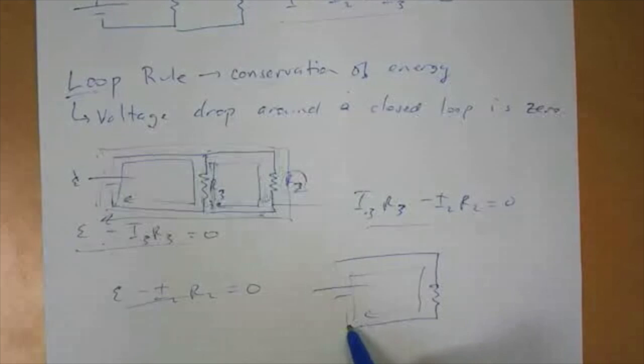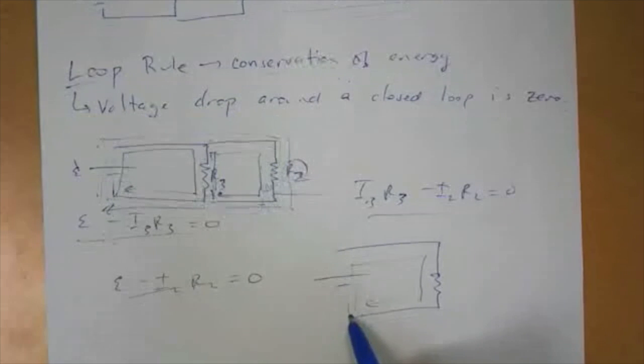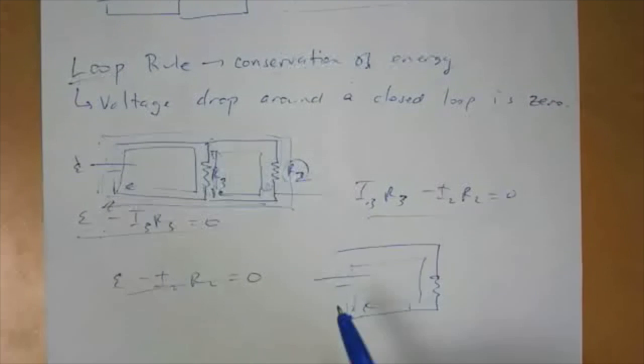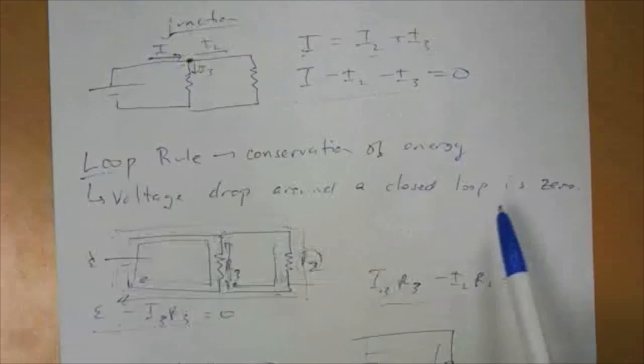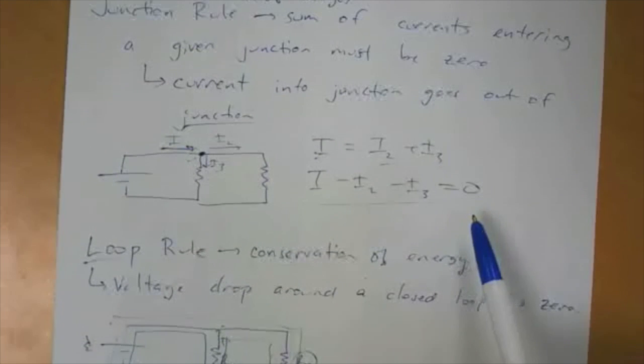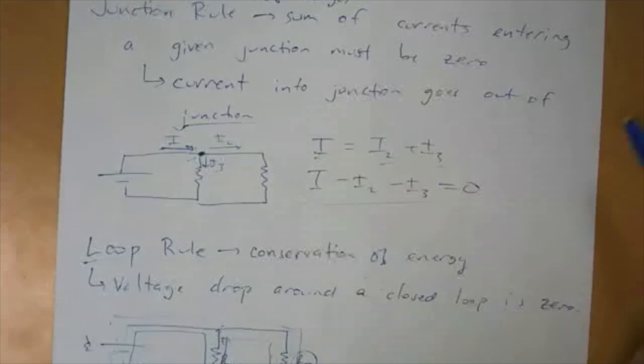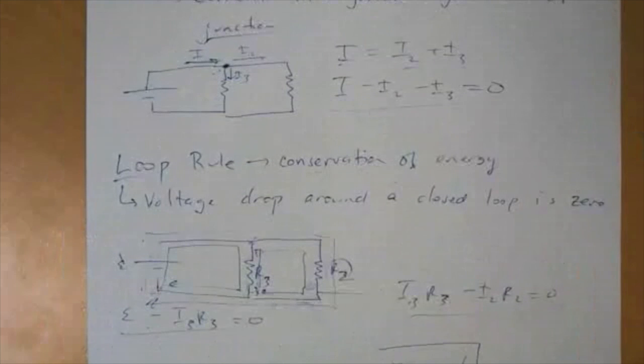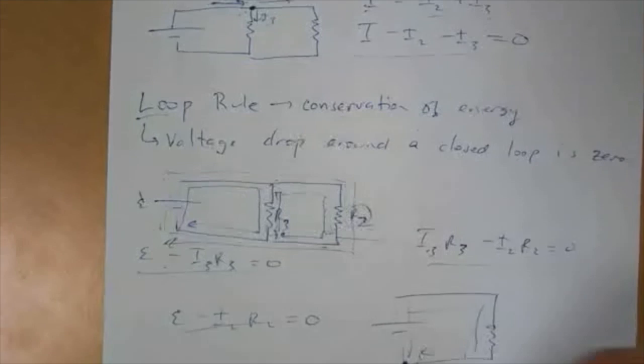Since the potential at this point is a single value, you can't have two different potentials at the same point. Then if you start at this point and end at this point, the total potential difference must be 0. So those are Kirchhoff's rules: junction rule, loop rule. Two rules get you a lot of equations that you can then put into a system of equations and use the matrix capabilities of your calculator to solve.